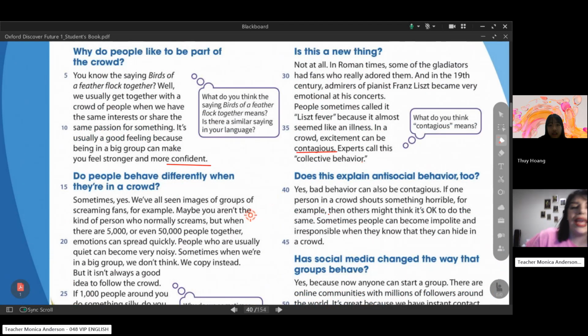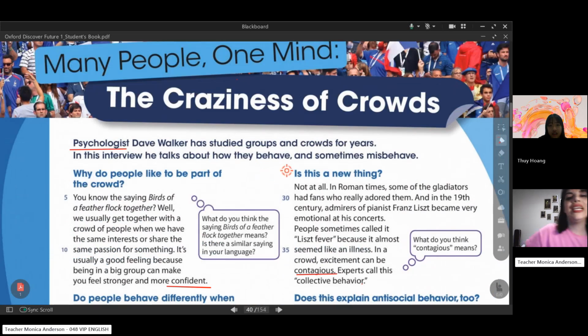Well, okay, let's talk about this. Let's take the words from the beginning. Psychologist: do you know the meaning of psychologist? A psychologist is a person who studies the mind and behavior. For example, people's minds and behaviors.